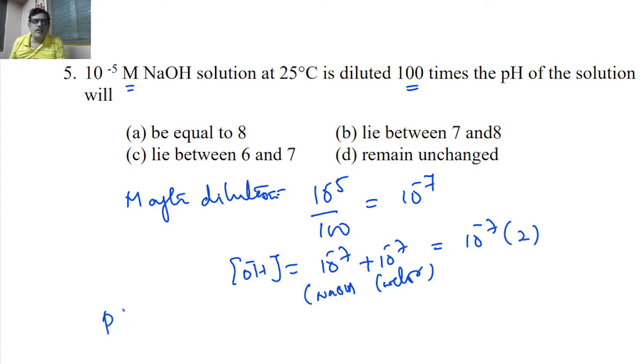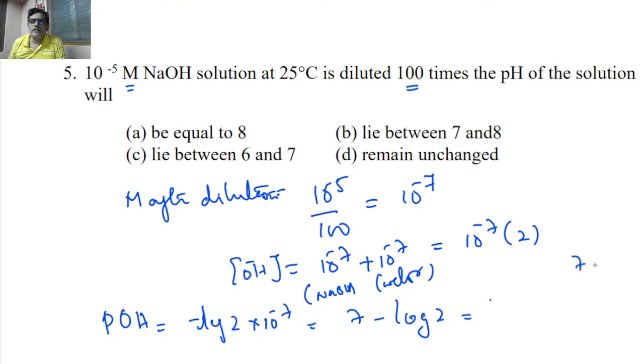Therefore pOH of the solution is negative logarithm of 2 times 10 to the power of minus 7, that will be 7 minus log 2. 7 minus log 2 will be 7 minus 0.3010. It will be taken as 0.3. So it will be 7 minus 0.3, that comes to 6.7.